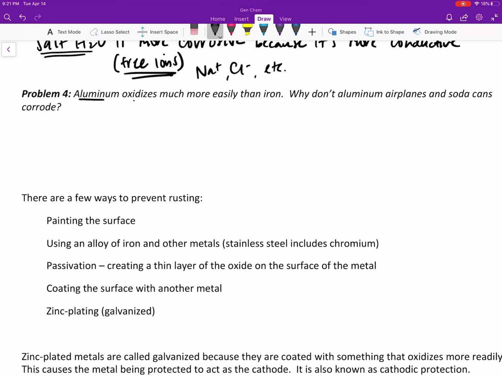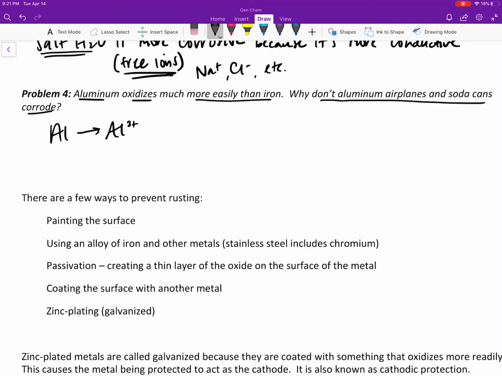Aluminum oxidizes much more easily than iron. So why don't aluminum airplanes and soda cans corrode? For the most part, the reason why is because they take this step, and let me write that so it looks like aluminum.